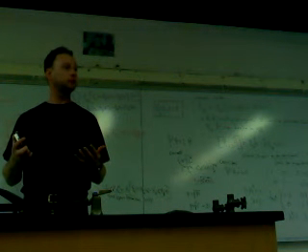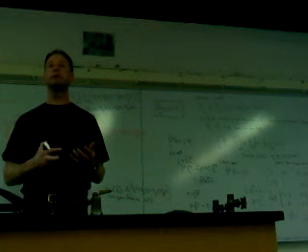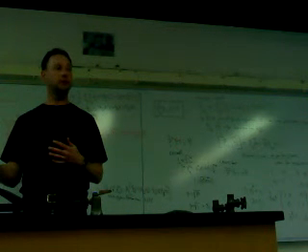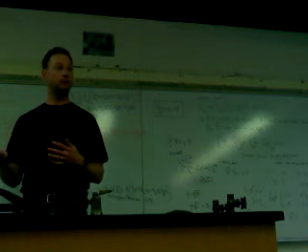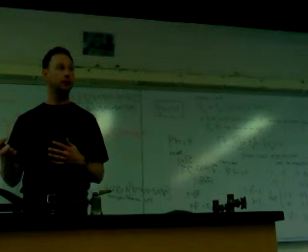Okay? So this is called the spin statistics theorem, and it's great. Fermions have antisymmetric wave functions. As a result of antisymmetric wave functions, you end up with Fermi-Dirac statistics. And Fermi-Dirac statistics don't let particles be in the same place at the same time with the same quantum numbers. That's the Pauli exclusion principle.